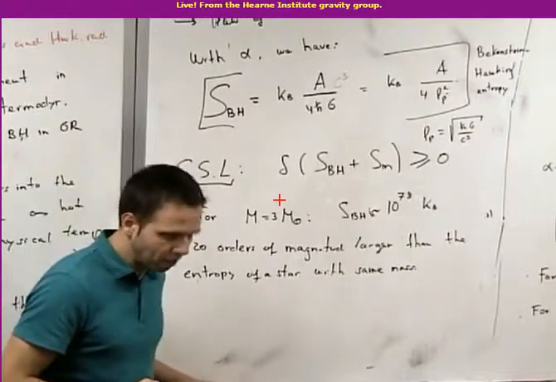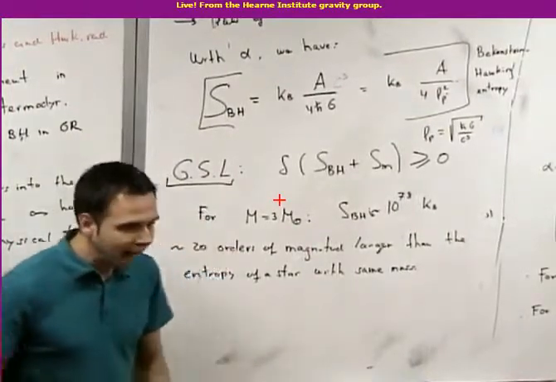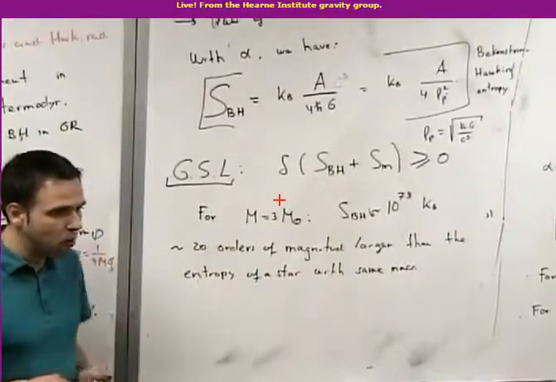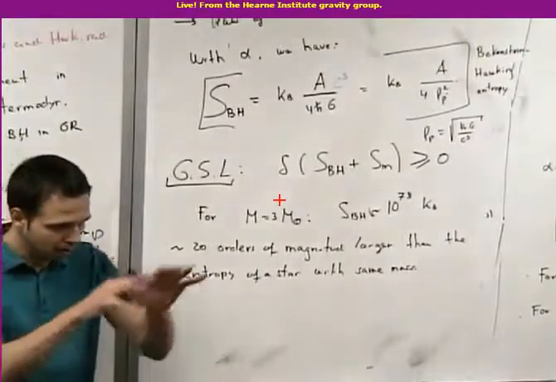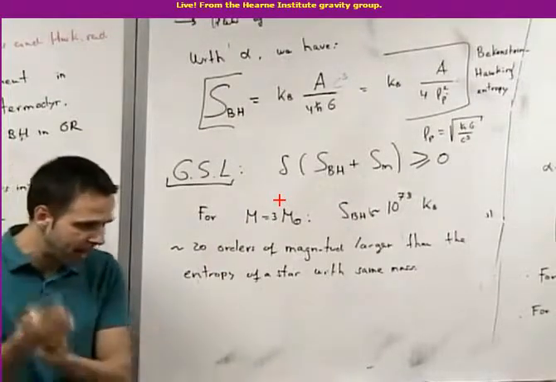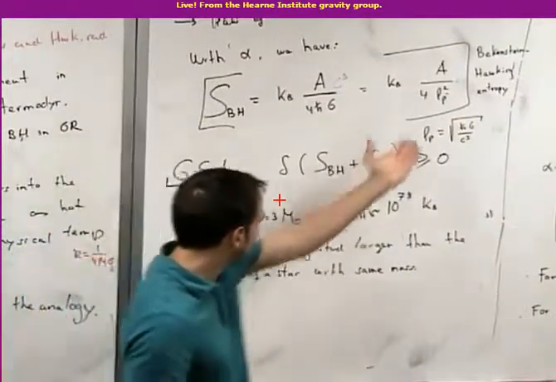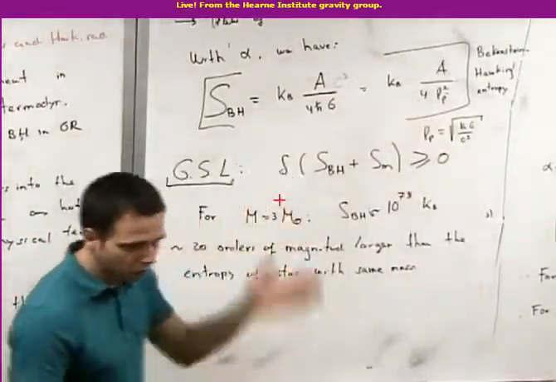What people have done in loop quantum gravity, for instance, is quantizing the horizon and doing the quantum geometry of the horizon. Thinking about the horizon as a quantum geometry, you can build the Hilbert space and count how many degrees of freedom it has, and that counting produces something which is proportional to the area, so it's compatible with that.